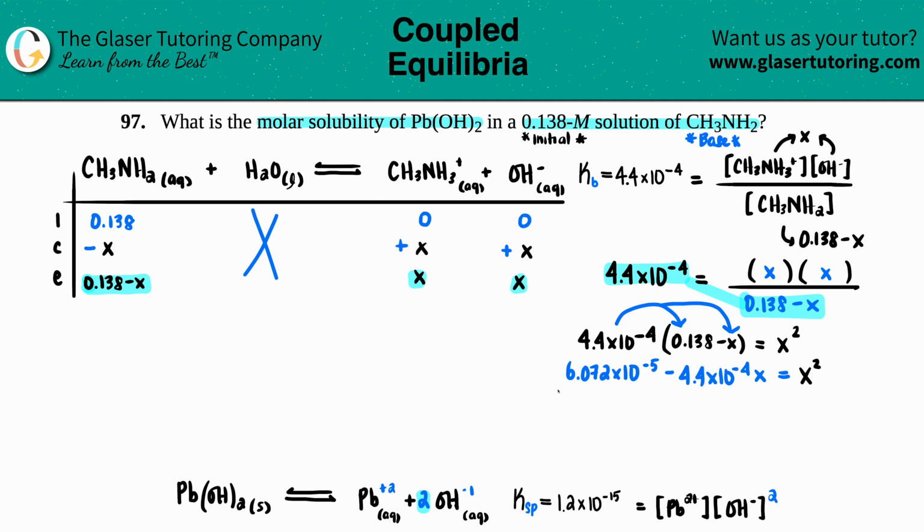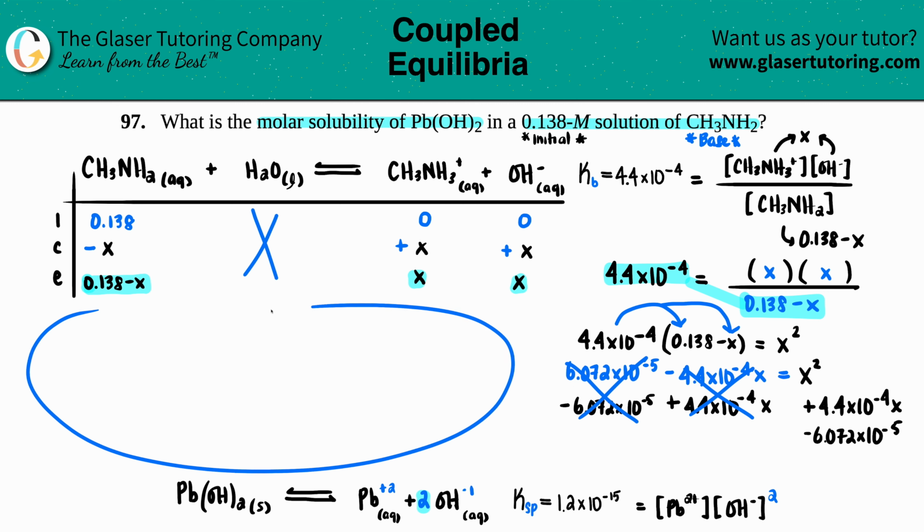So if that's the case, we're going to plus 4.4 times 10 to the negative 4th x on both sides, and then we will minus 6.072 times 10 to the negative 5th on both sides. And with that, this cancels, and this cancels, and the whole thing equals 0.